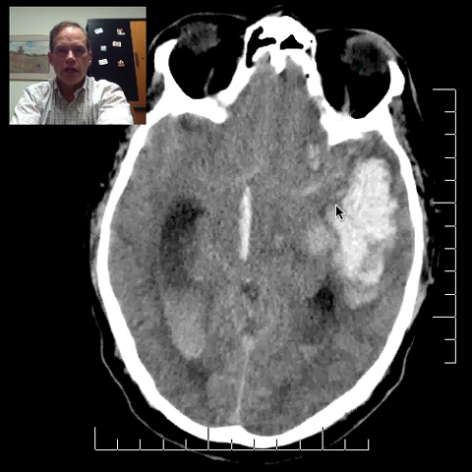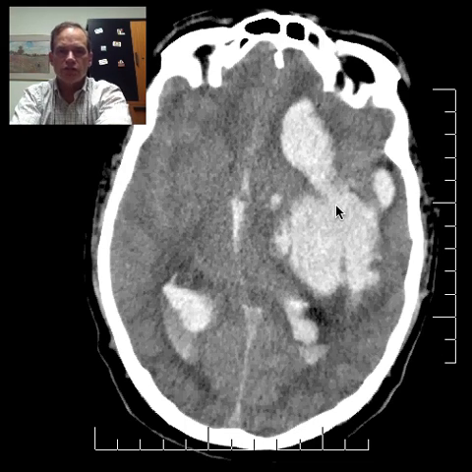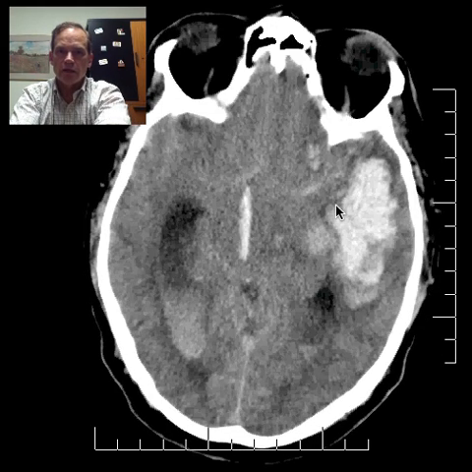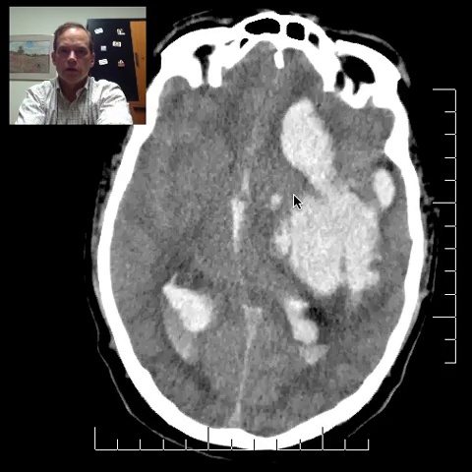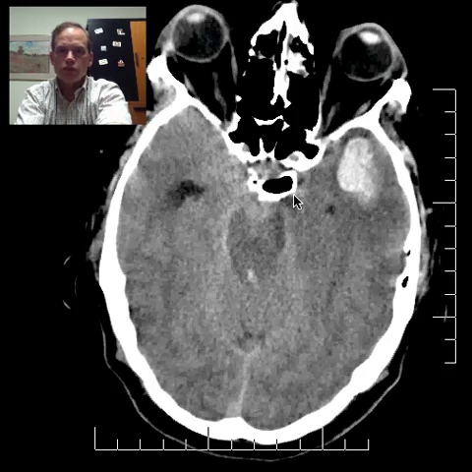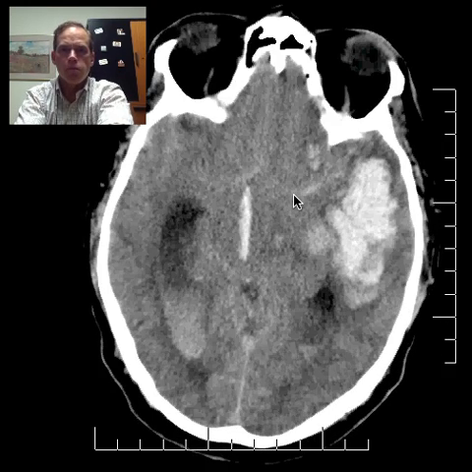So this huge hemorrhage occurs because of hypertension, and the pathophysiology appears to be that this MCA vessel on each side has very thin branches that course superiorly. Okay? You don't see these because they're too small.